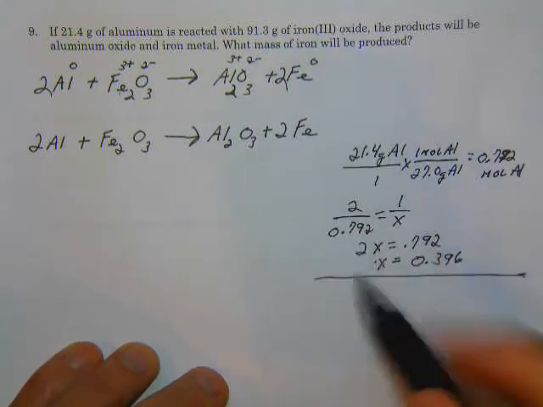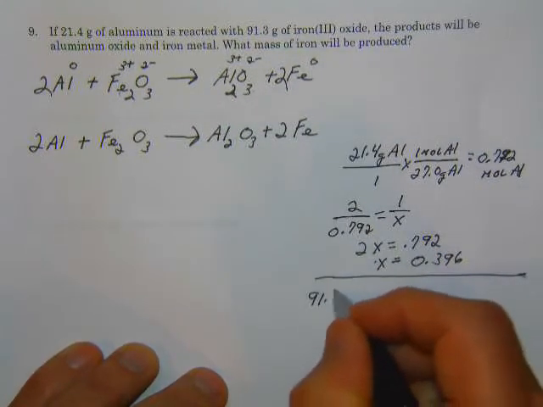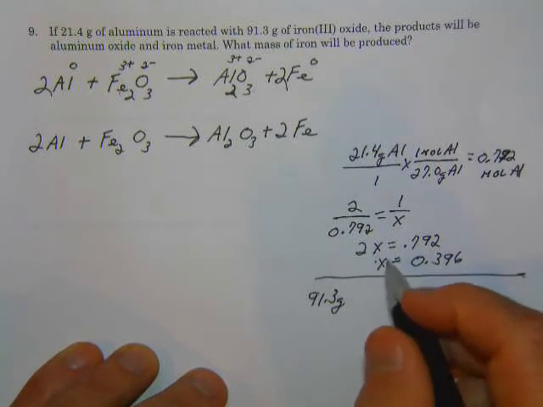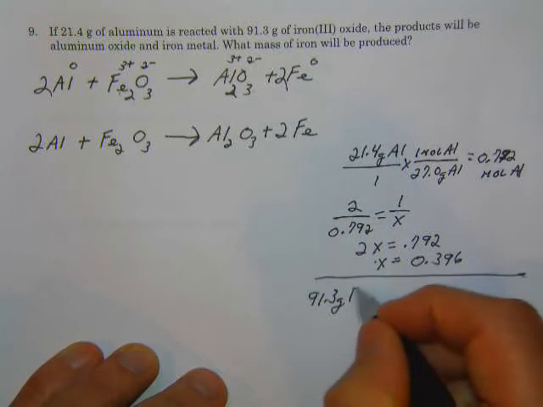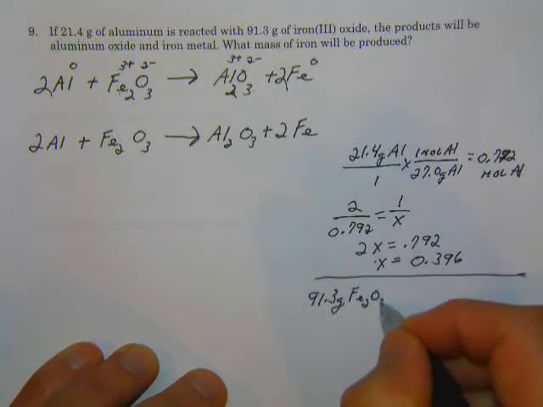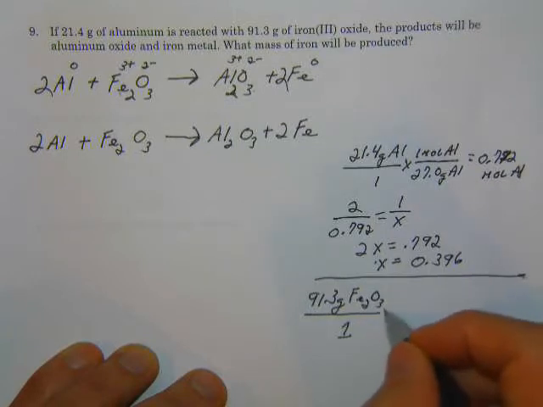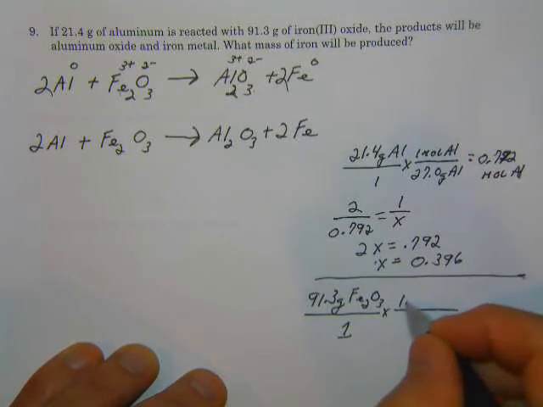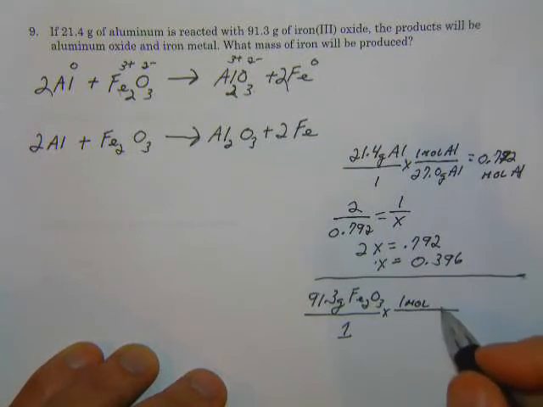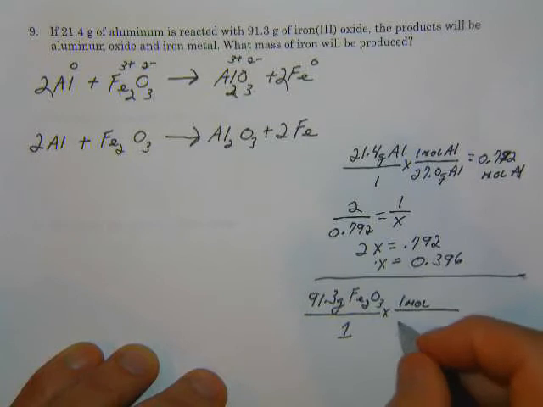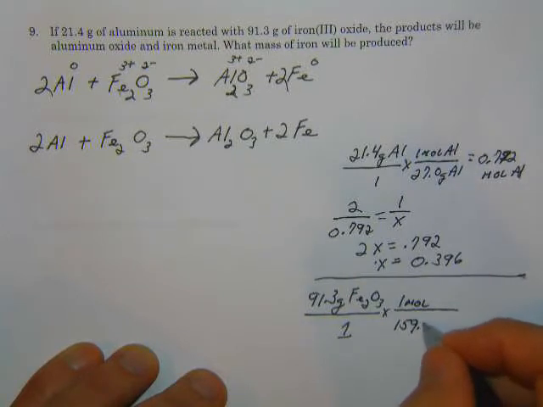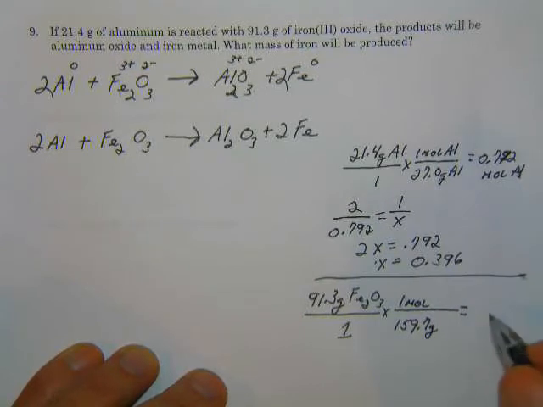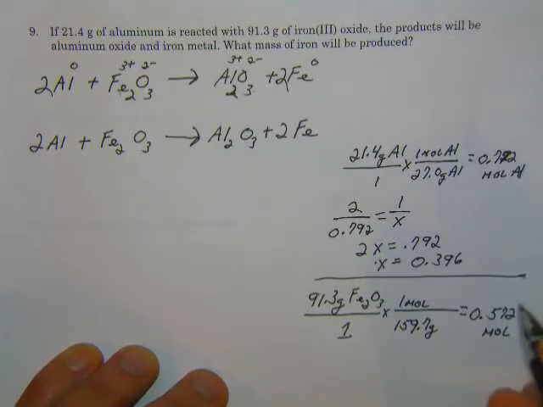Alright, so let's work with, we have 91.3 grams of iron 3 oxide, Fe2O3, that's over 1, and 1 mole, and I'm not going to rewrite it on this particular line here, is 159.7 grams, and if we do the math here, it comes out to be 0.572 moles of Fe2O3.